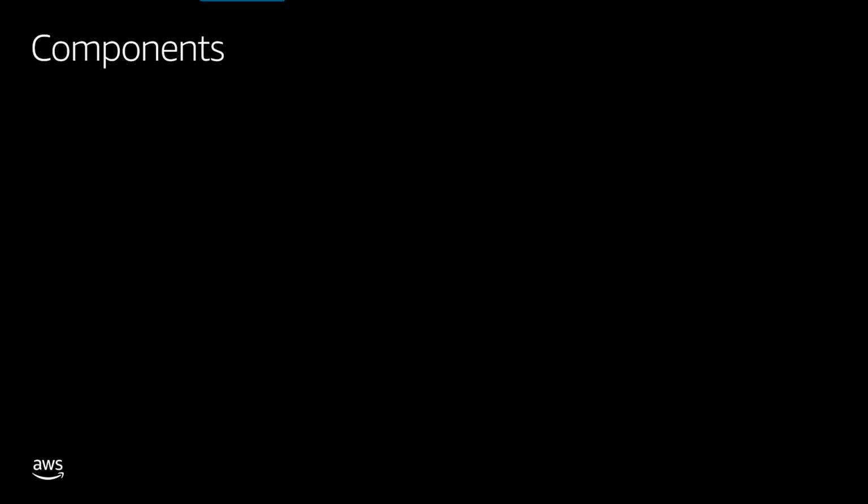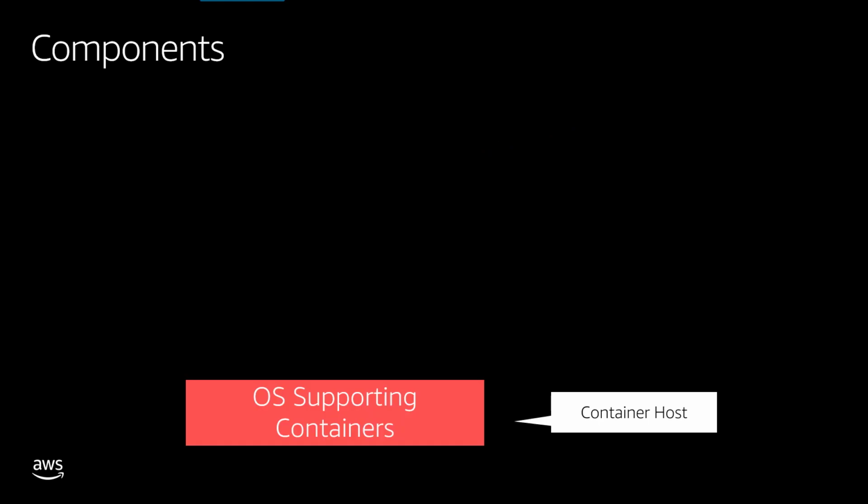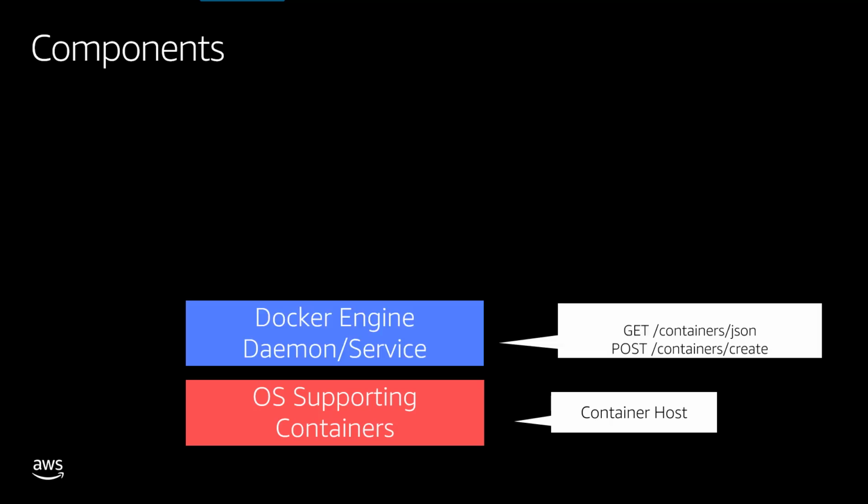There are a few components in container environments. The first one is the OS. You need to have an operating system that supports containers. You cannot run containers on, for example, legacy Windows servers or legacy Linux instances. And then there's a component called Docker Engine. This is what exposes the API to interact with containers.